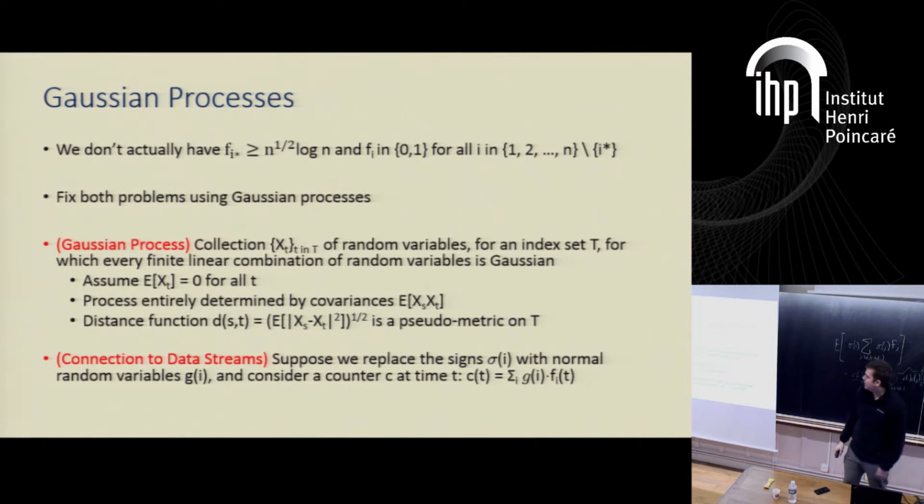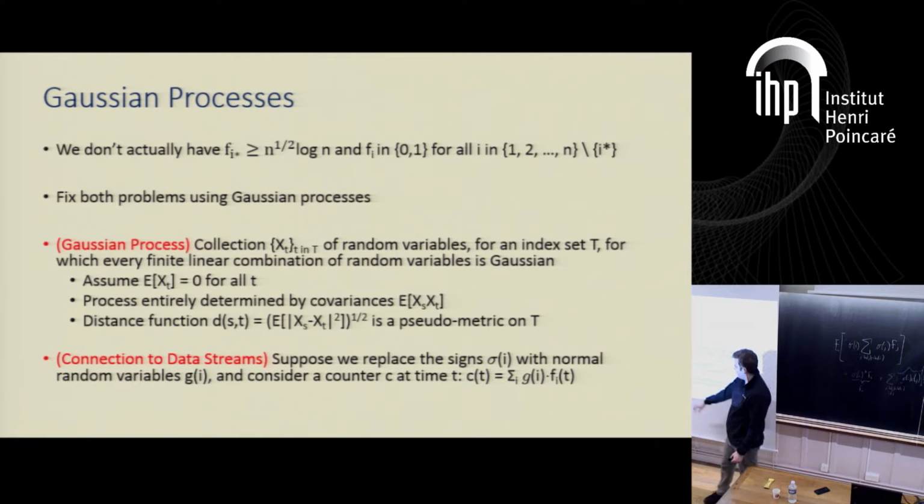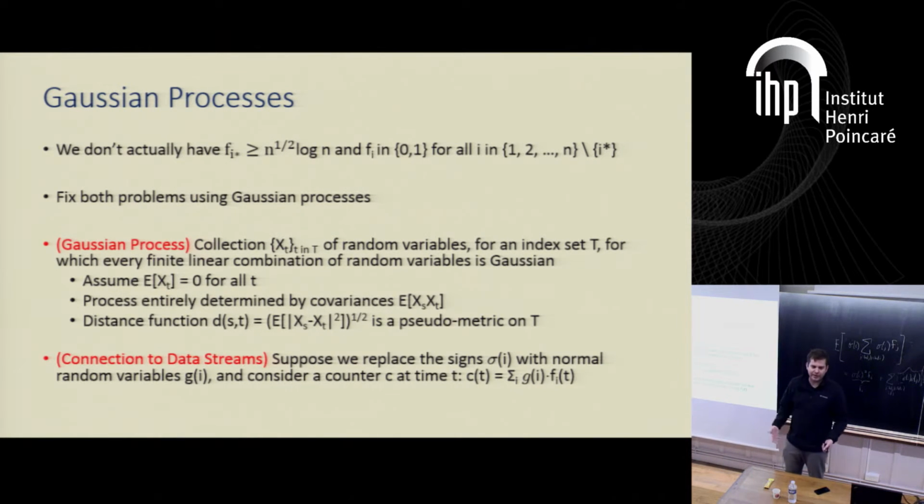Okay, so why do we care? What is the connection to data streams? Suppose we were to replace the signs sigma of I with standard normal random variables, g of I. And consider a generic counter C, meaning a counter at time t is the sum over all items I of the frequency f sub I at time t times the Gaussian g of I associated with the item.